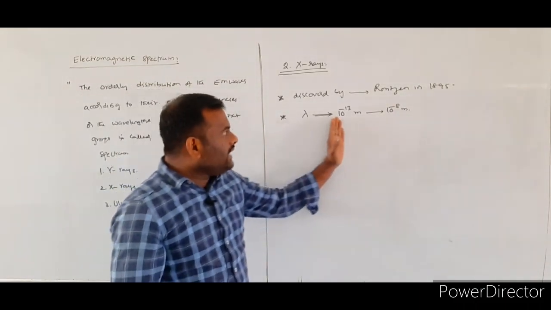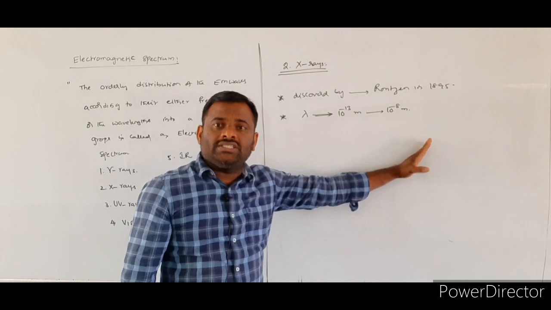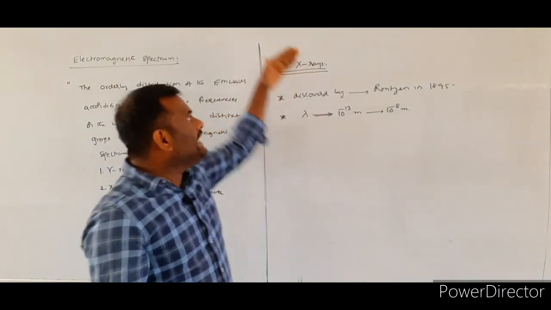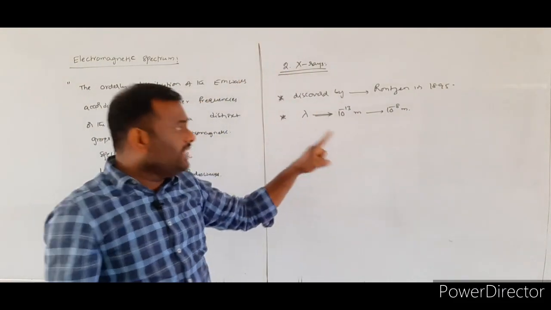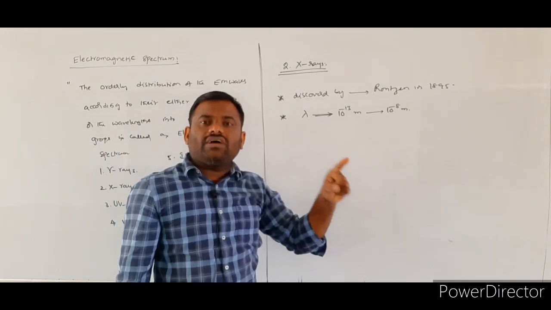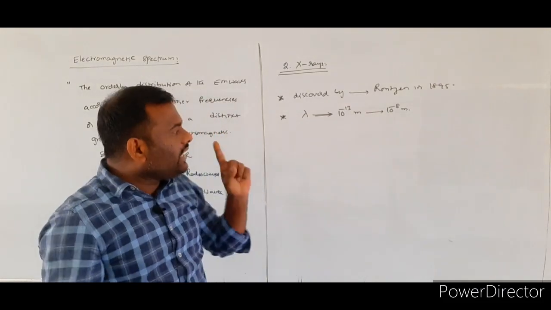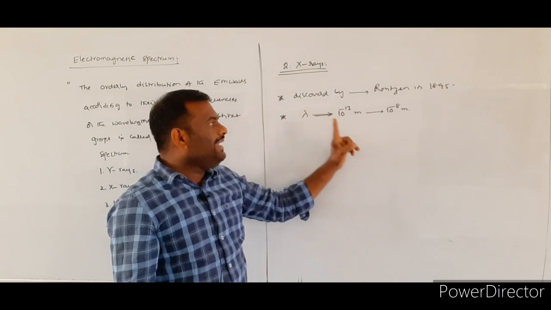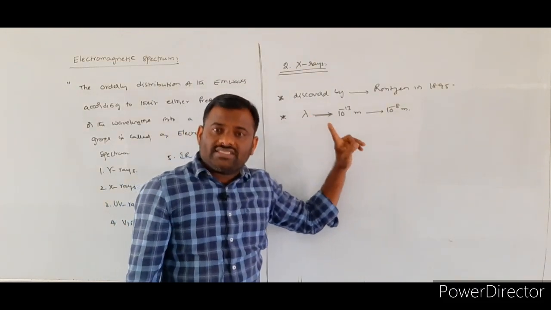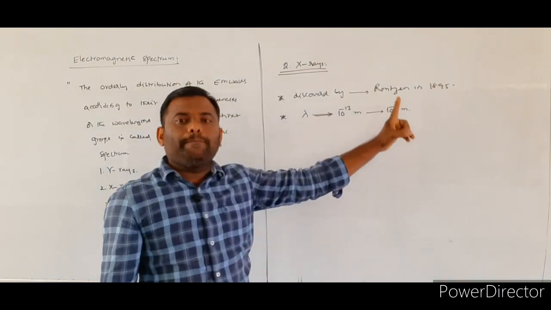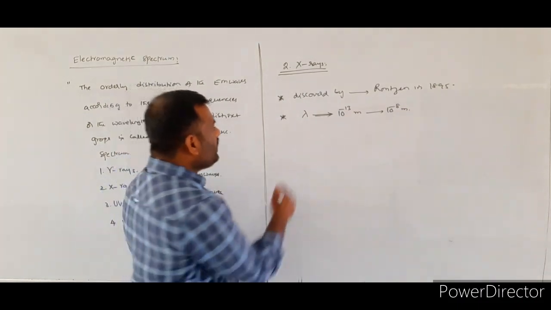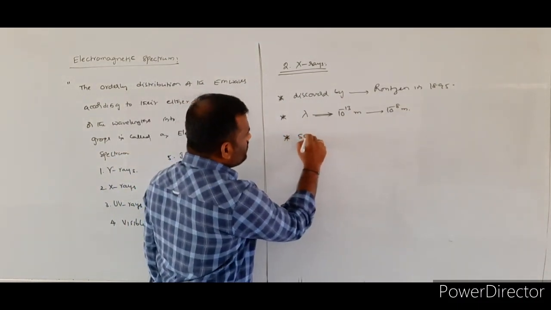In the range of these wavelengths only, these X-rays will exist. Once again, the range of the wavelength of the X-rays is from 10 power minus 13 meter to 10 power minus 8 meter.